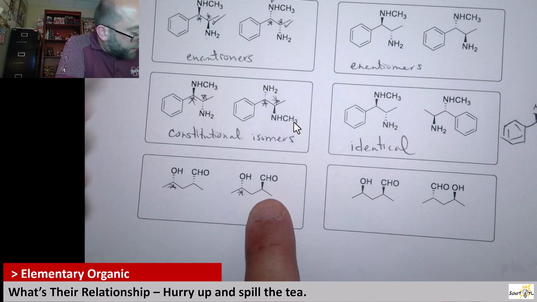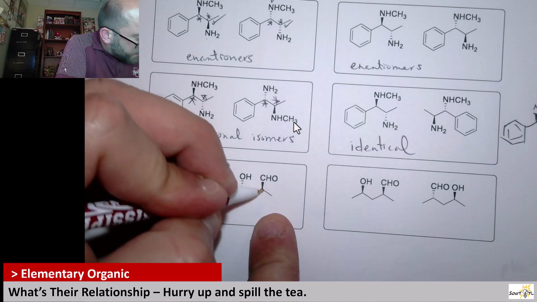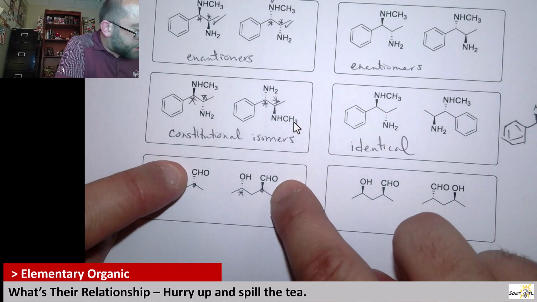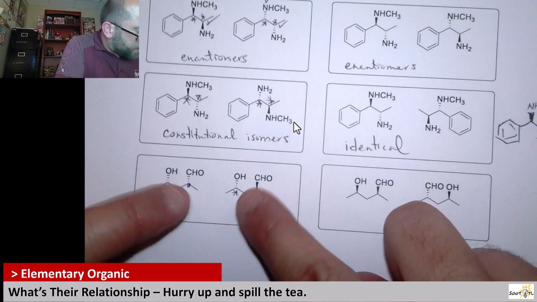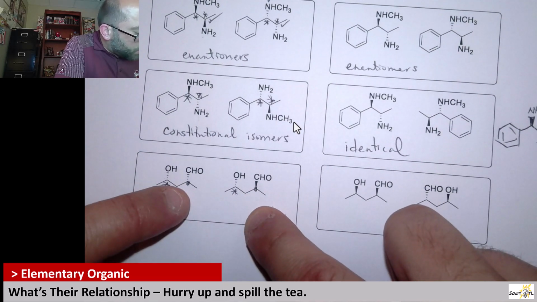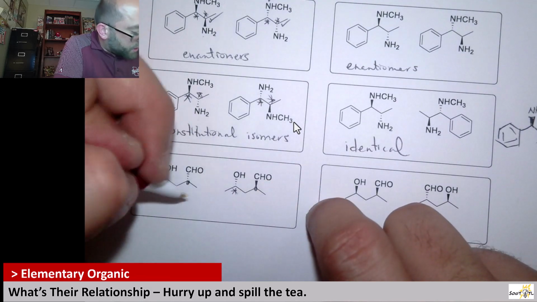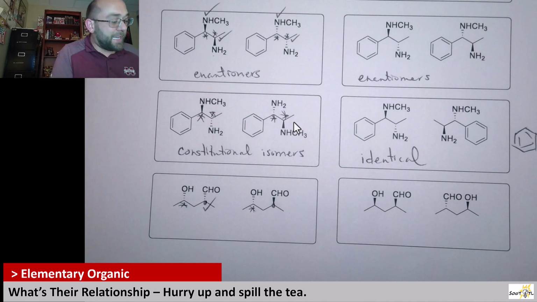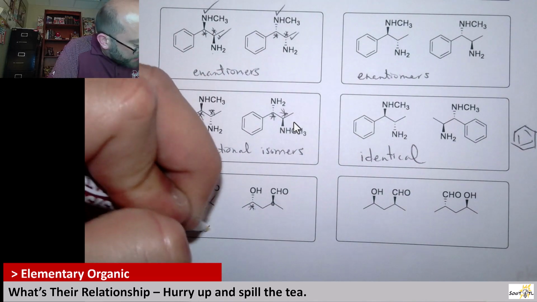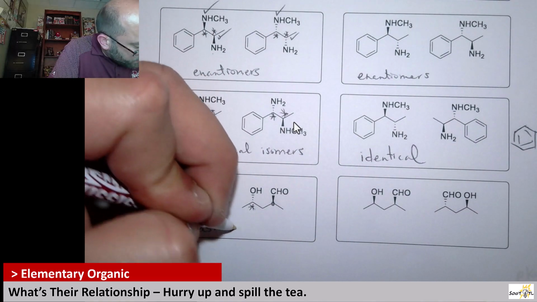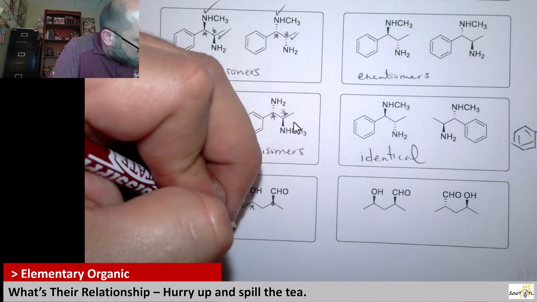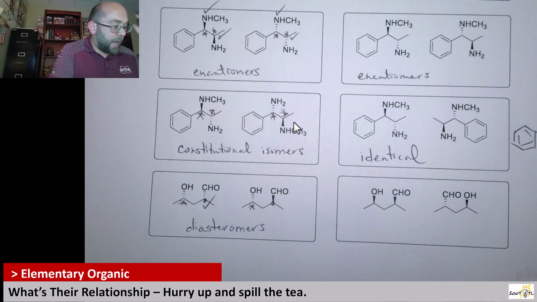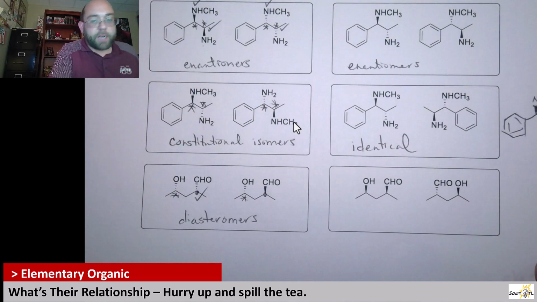But then we look here, this guy and this guy we're comparing now because they both have the CHO on them, and the rest of the backbone is the same. So this did change. So because one of the chiral centers changed and the other one didn't, we would call these diastereomers. I misspelled it, but you get what I'm trying to say here.